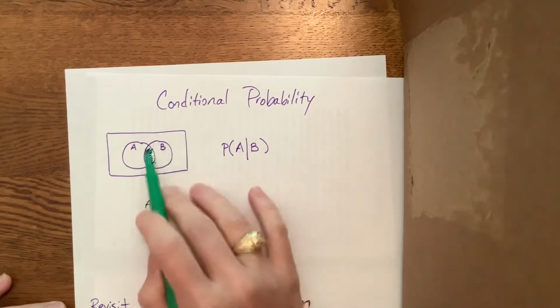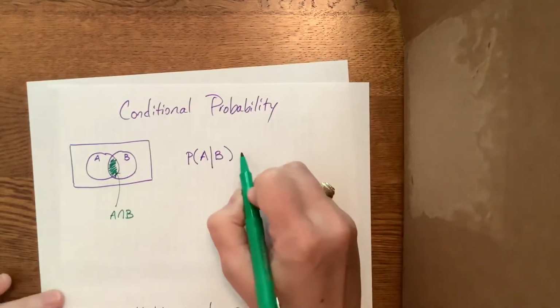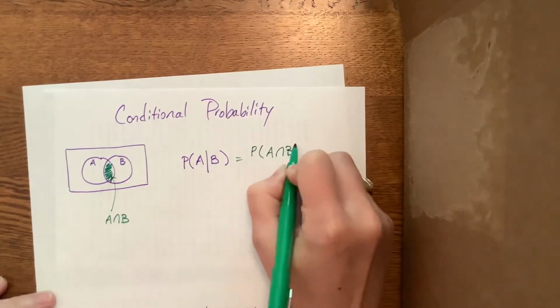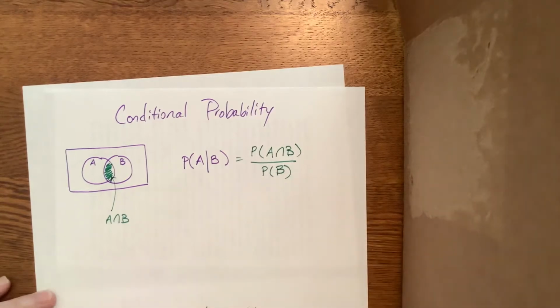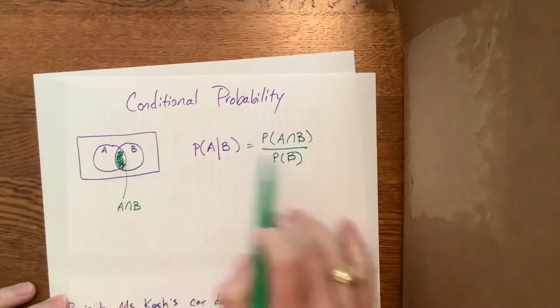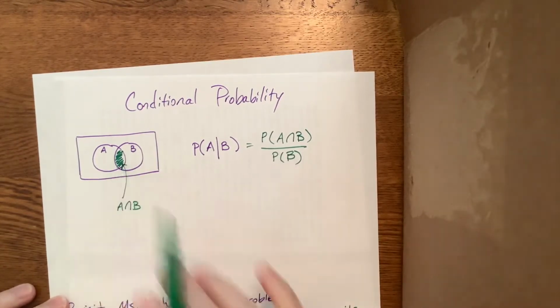And so what's the probability in this world that you're also in A? So what we're going to do is define this to be the probability of the intersection divided by the probability of B. Okay, so we're living in this world now. That's our denominator, and we were concerned about the spot that's also in A.